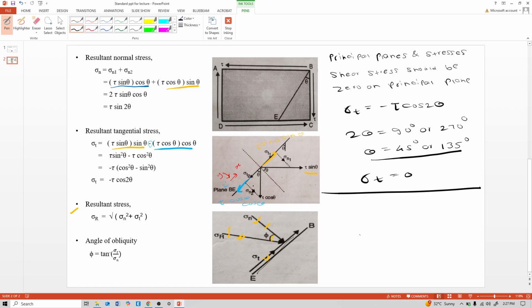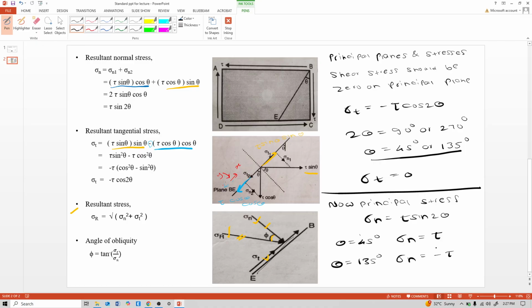Now principal stress. This sigma n is equal to tau sine 2 theta. When theta is equal to 45 degree, sigma n is equal to tau, and when theta is equal to 135 degree, sigma n is equal to minus tau.